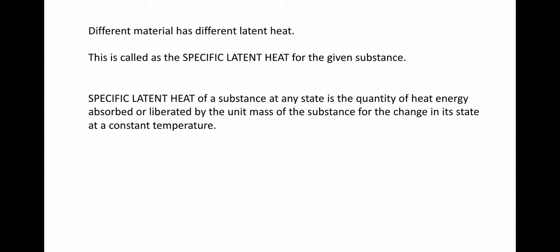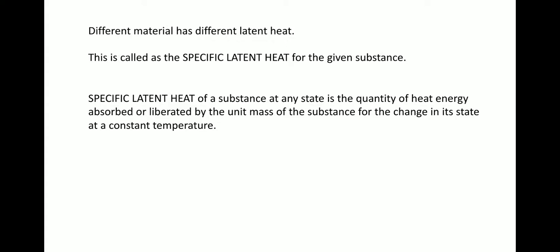The specific latent heat of a substance at any state, maybe liquid or solid or gas, is the quantity of heat energy absorbed or liberated by the unit mass of the substance for the change in its state at a constant temperature. So if a solid of unit mass changes its state by absorption of heat, then that will be the specific latent heat of that particular substance in that particular state of matter.